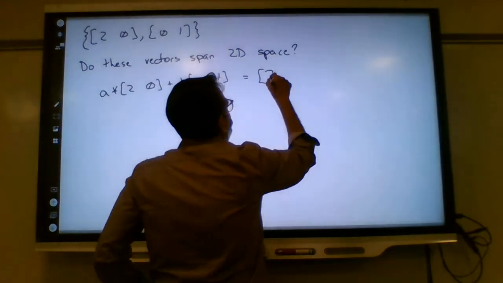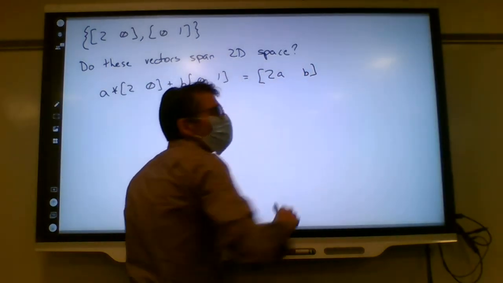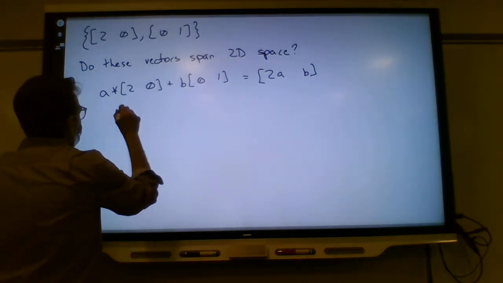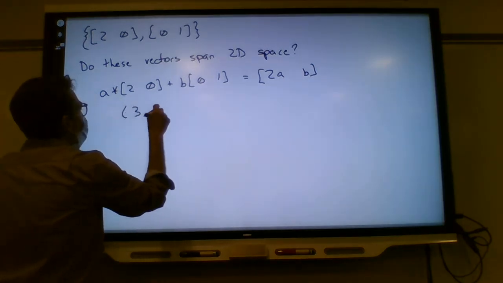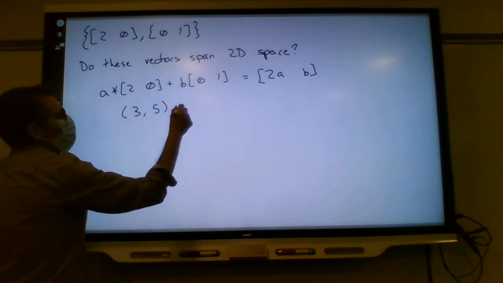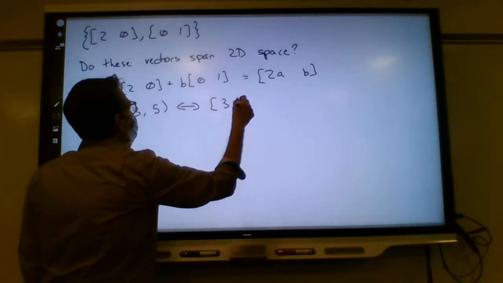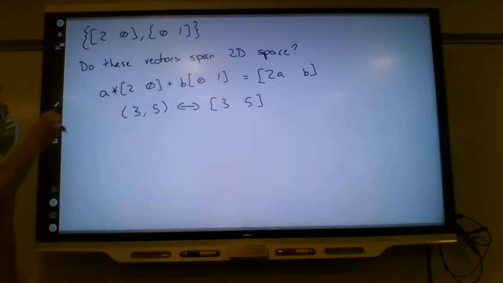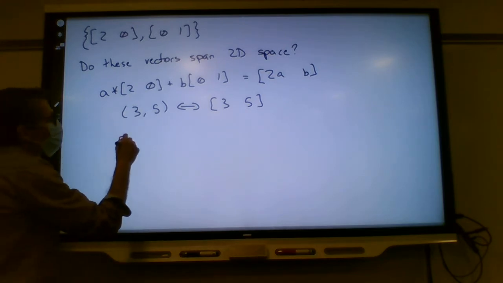2A and B. So what if we wanted to describe, say, that point again that we had mentioned, 3, 5? So to describe the point 3, 5, we need to be able to build the vector 3, 5. Can we build that from these two? So what does A have to be?